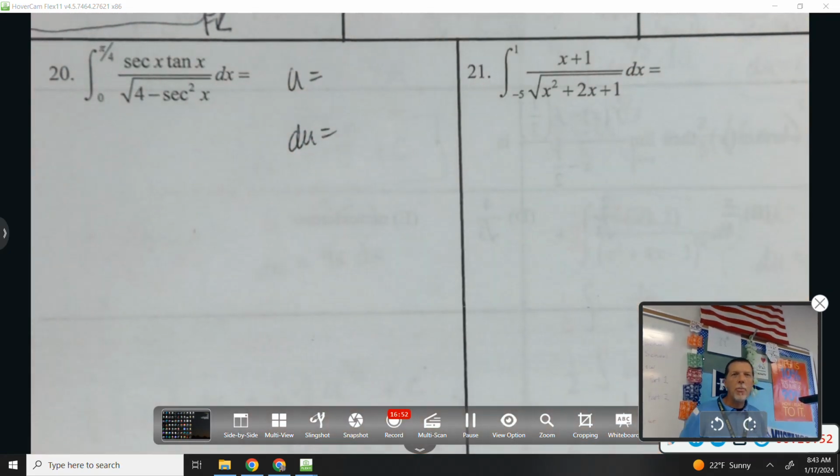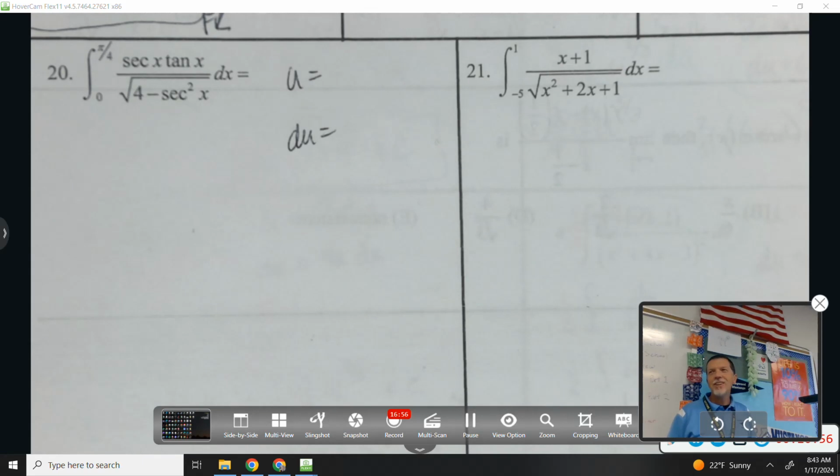Number 20. Another example of you've got to have all the derivatives in your head so that you can recognize u and du. You need to have all the integral rules in your head so you can see where this is headed. And if you can hold all of that in your head at once, then what do you think would be a good pick for u?